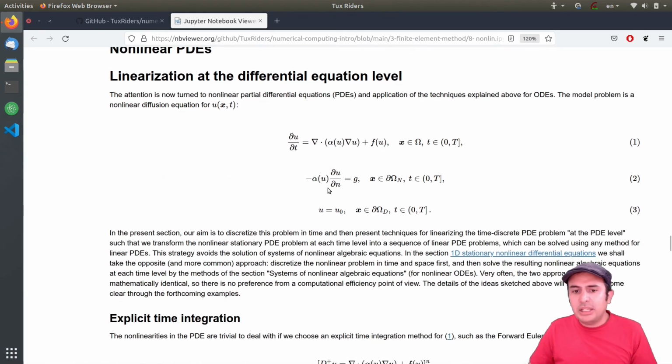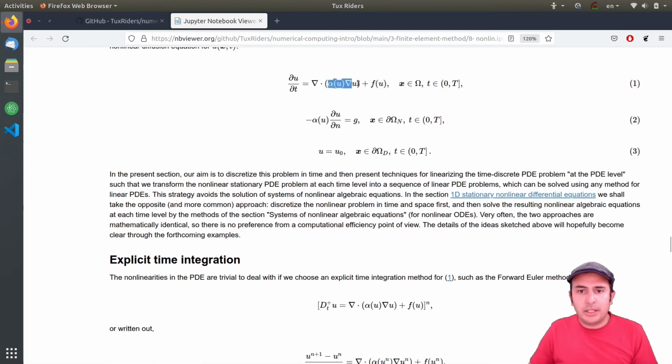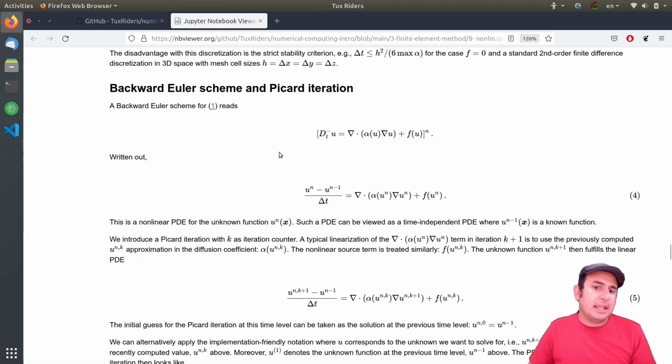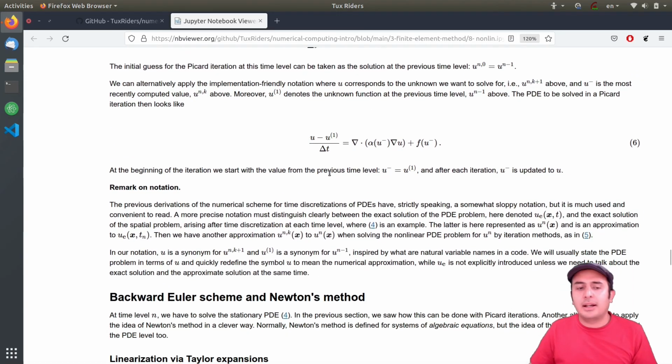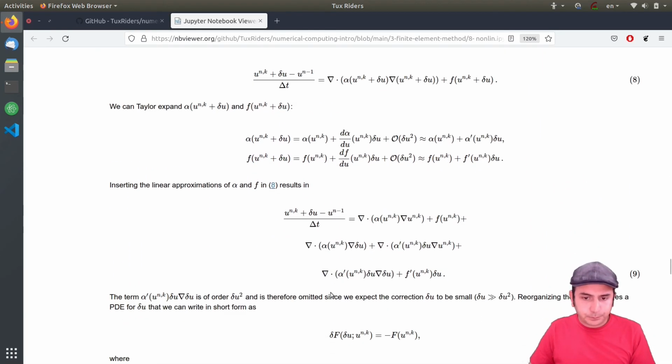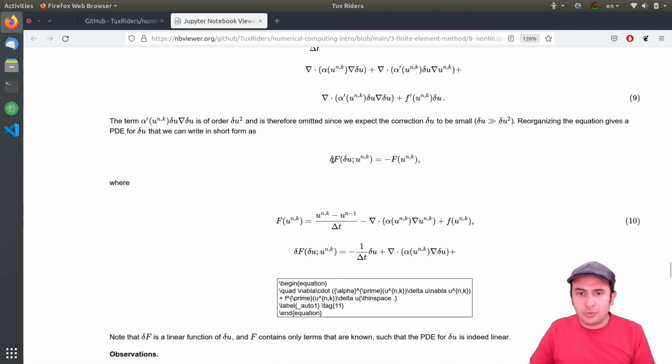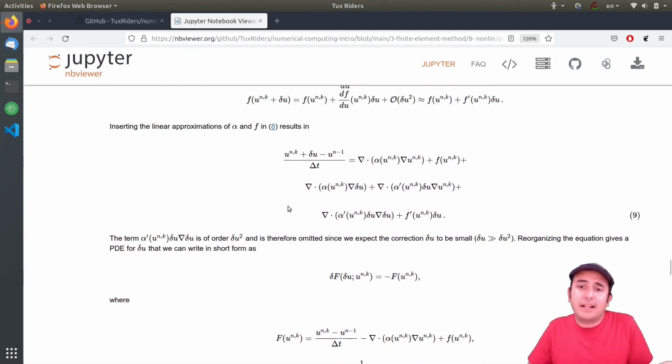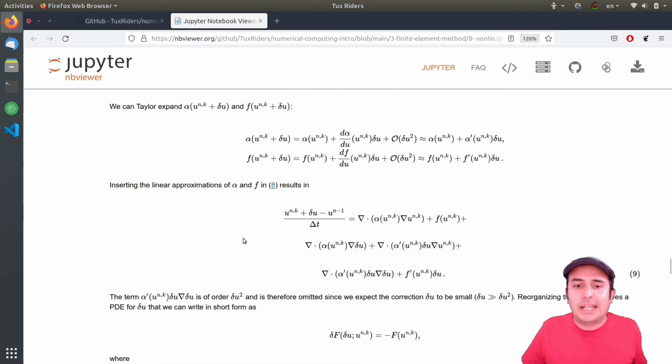And when it goes to PDEs, you can see an example of a nonlinear PDE here. Again, anything is similar to what I described. This is for Newton. You need to write the equation in a way that the unknown is delta U, and then you update the current value of U based on that.